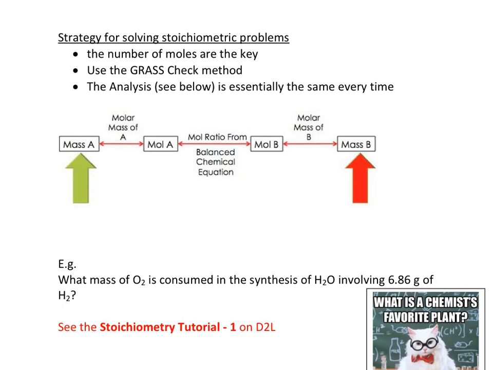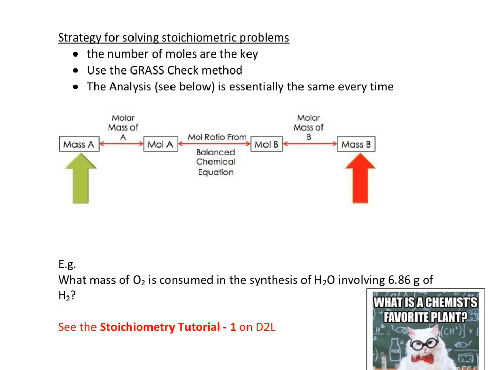If you start out with the mass of one substance, it's really important in order to be able to connect things using a chemical equation that we work in moles. And so we convert our mass of whatever we have to number of moles, and we can do that using the molar mass.